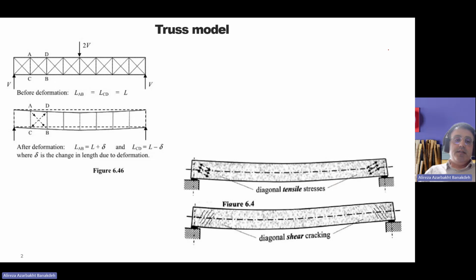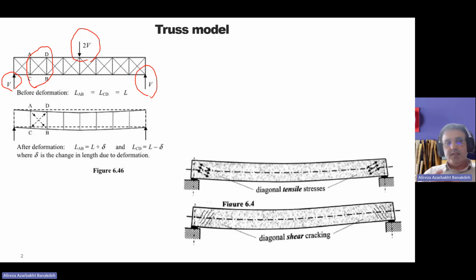The idea is that it simulates the shear behavior of a reinforced concrete section by a hypothetical virtual truss structure like this. You can see, for example, if you focus on these two diagonal elements, after applying a vertical load like this, 2V, these are the reactions in a simple beam.